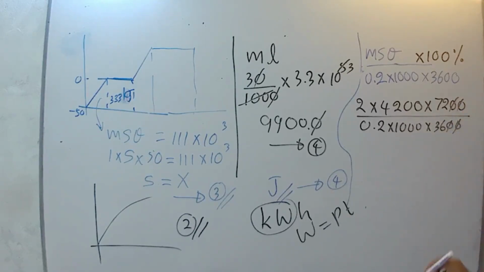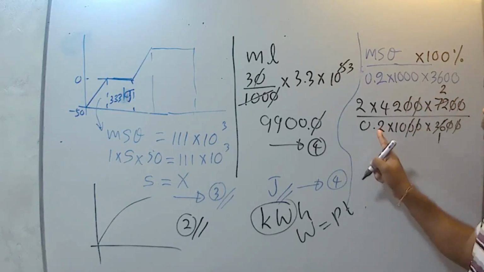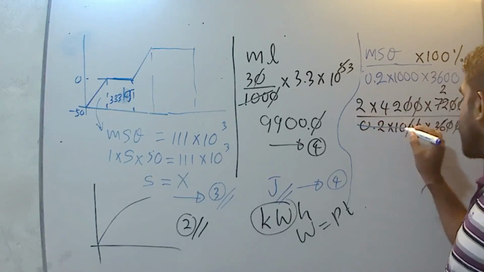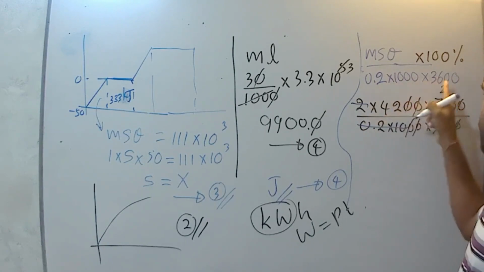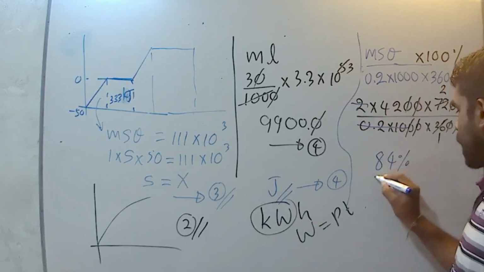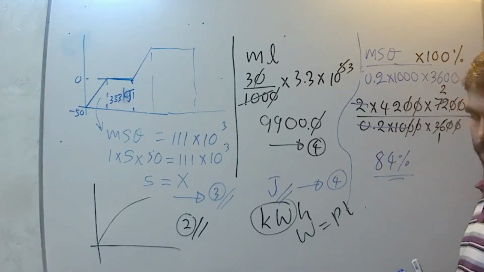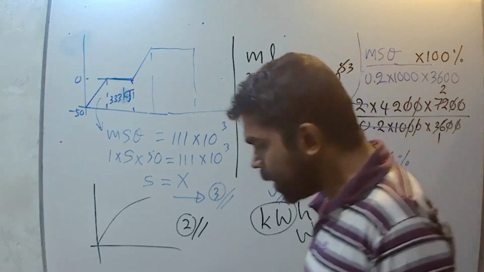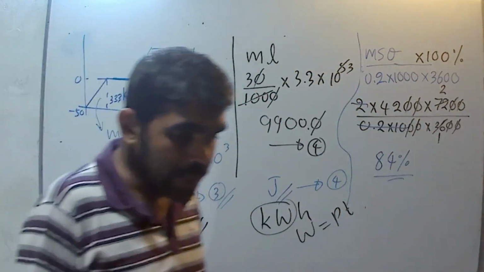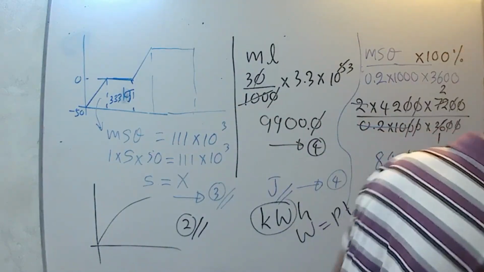We can cancel out 2 zeros. 36 divided by 36 is 1. 0.2 into 10 is 2. We can cancel out this 2. 42 into 2 is 84%. It is the efficiency of the considered heating element. Then we can obtain that the fifth one is the correct answer.